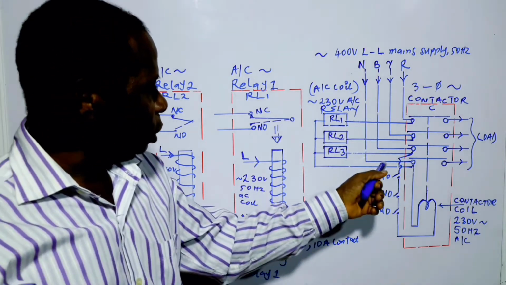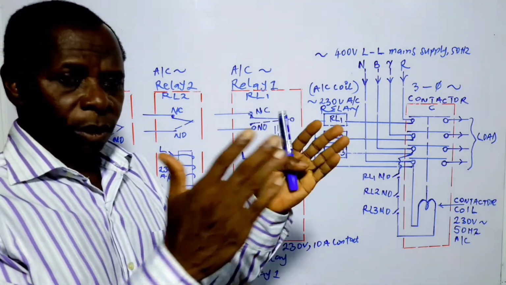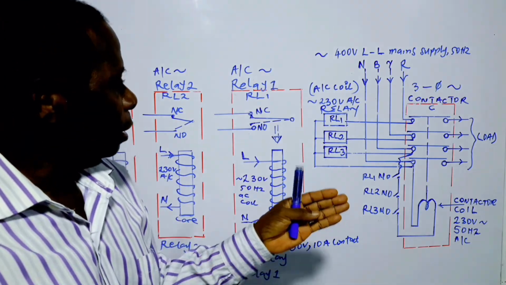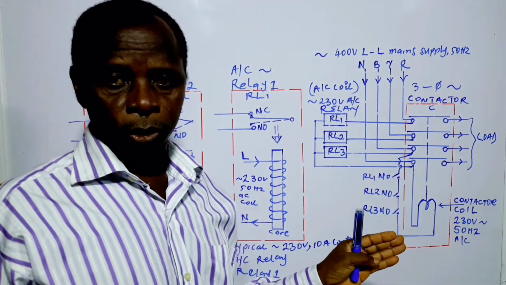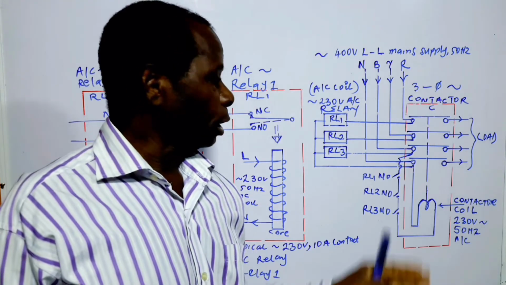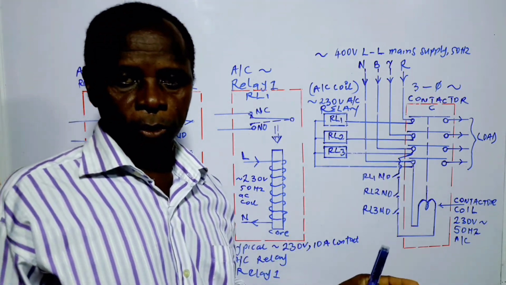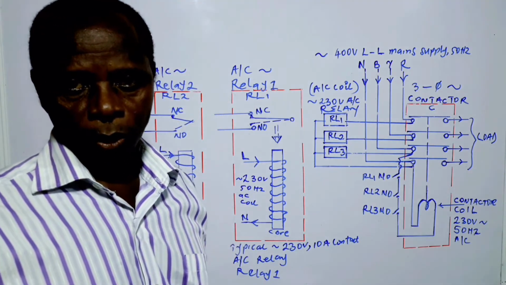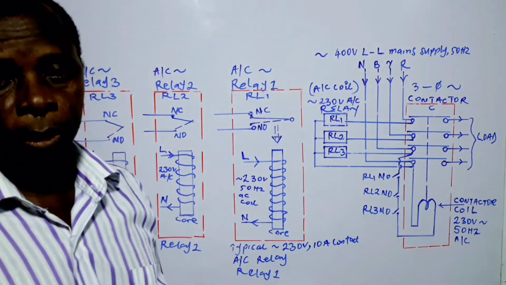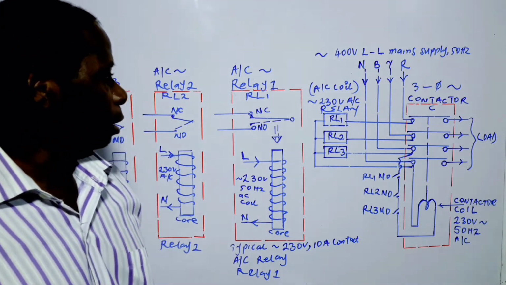But in this situation, we are just talking of a small device that can switch off the three-phase load in a situation where there is a loss of one phase or two or three or even all the phases. And that is the situation.